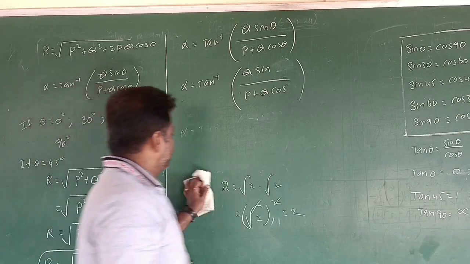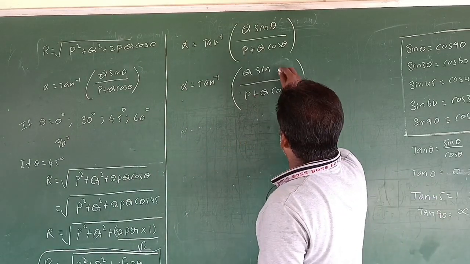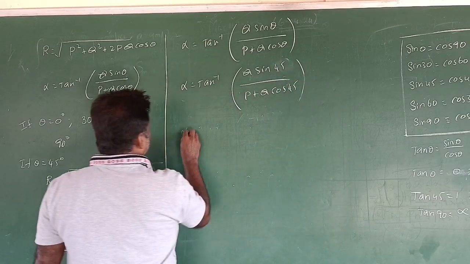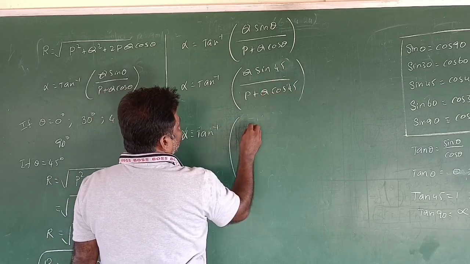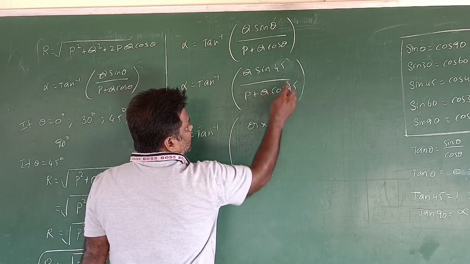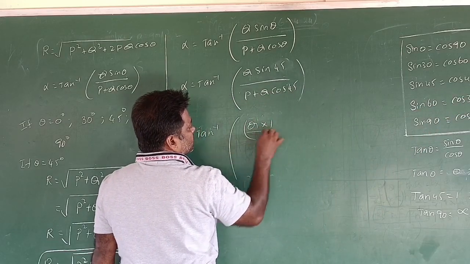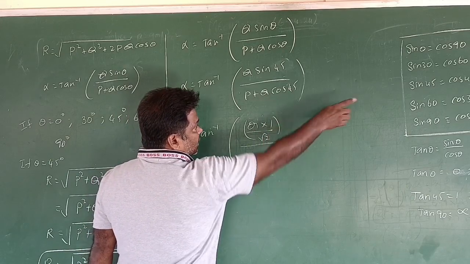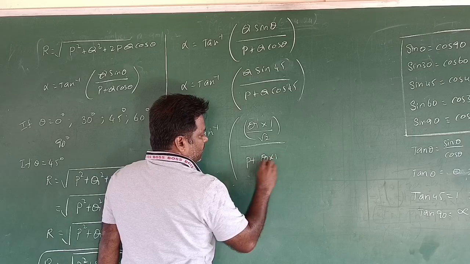Okay. Next, what is the value of alpha? Sin 45 for the same value of theta. Alpha is equal to tan inverse of Q sin 45 over P plus Q cos 45. Sin 45 is 1 by root 2, and cos 45 is also 1 by root 2.